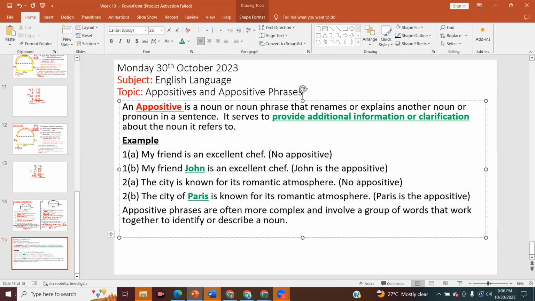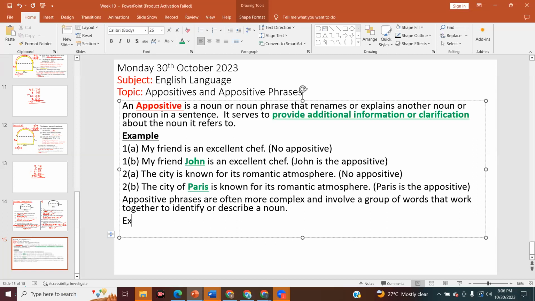So let me see if y'all are wise. So examples.